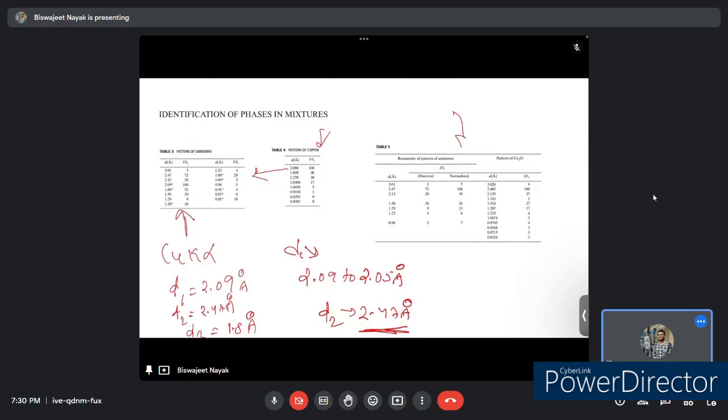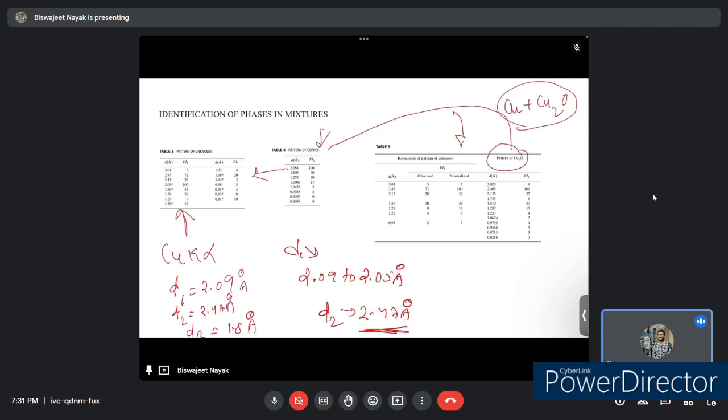So if we look at the PDF card, all lines of the copper pattern agree with table 3, the pattern of the unknown.